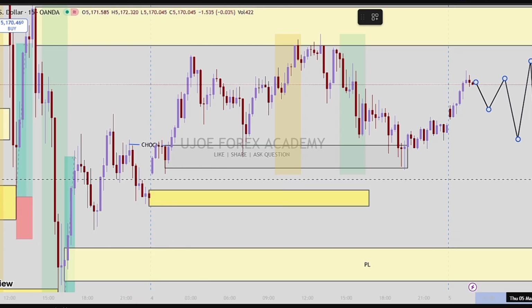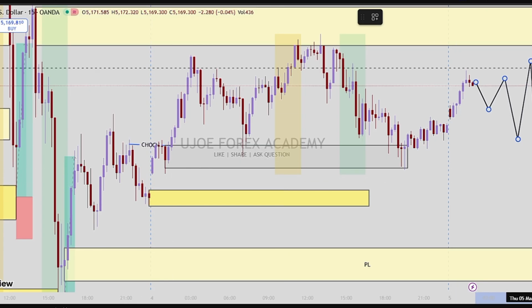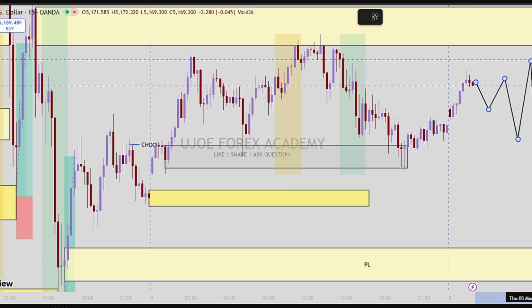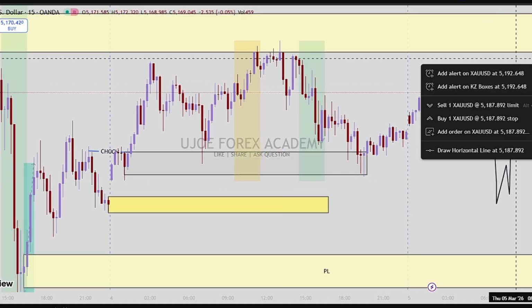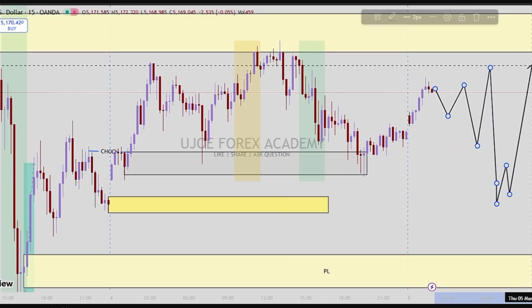So it goes here, definitely corrects the fair value gap that is there, and then keeps pushing higher and higher. So that's what I'm expecting price to do right here. As you can see, price should do this right here.